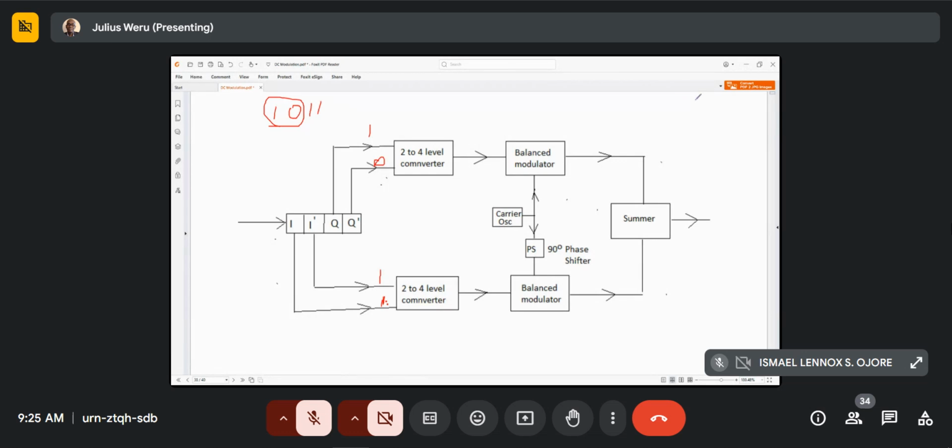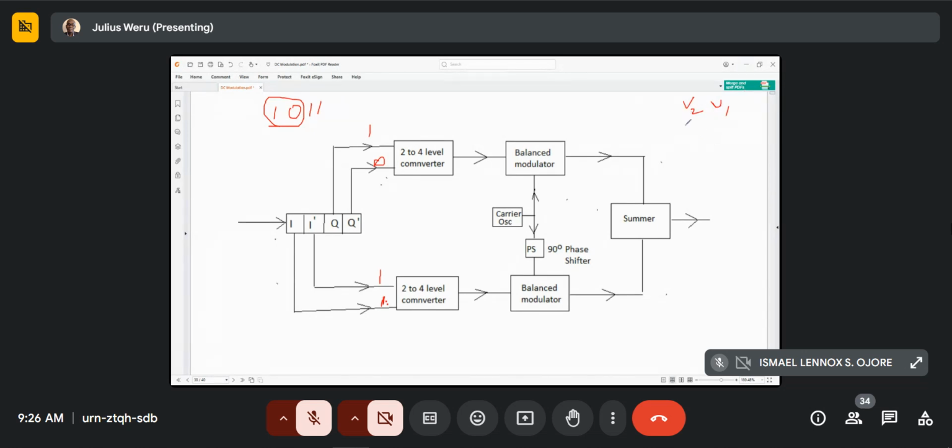So normally we use two voltages. Let's say some voltage V1. You have 2 voltages, V1 and minus V1, and V2 and minus V2.